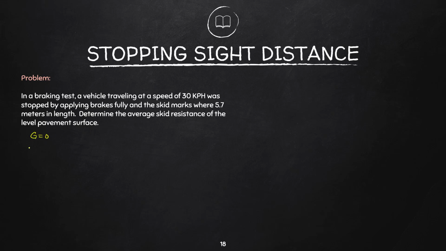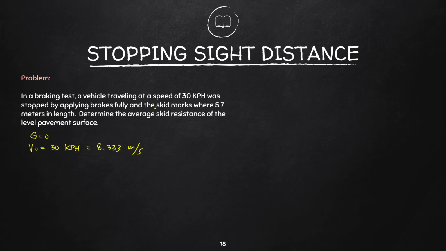We have initial speed equal to 30 kph, or kilometers per hour. In meters per second, this will be equal to 8.333 meters per second. And the skid marks were 5.7 meters in length.